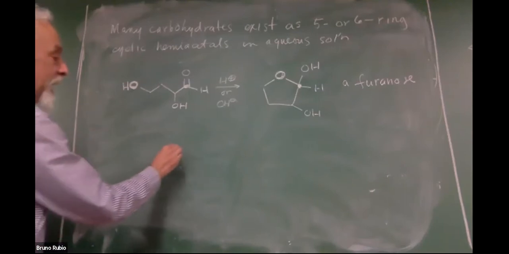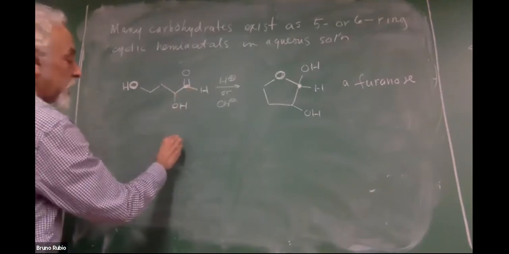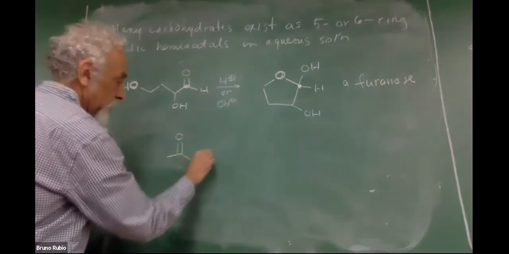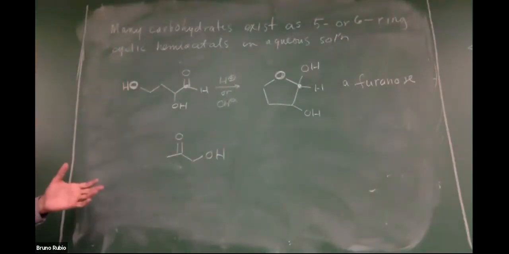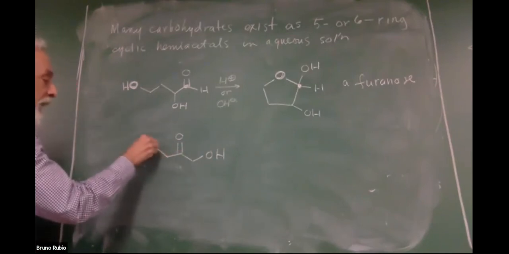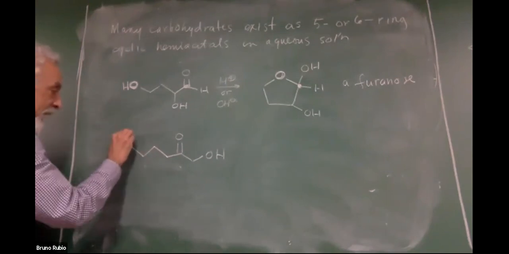Okay, so let's look at a concrete example of that. How about this time, instead of an aldose, let's work with a ketose because this is going to be a little bit more complicated. And now I'm going to put an OH group 6 atoms away. 1, 2, 3, 4, 5, 6.